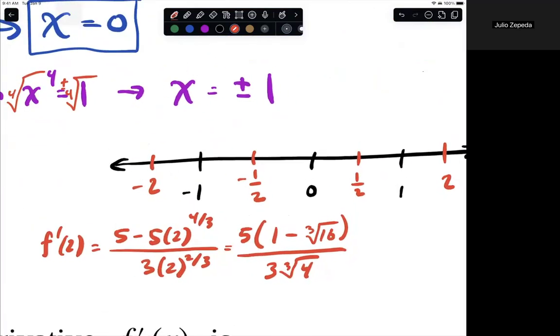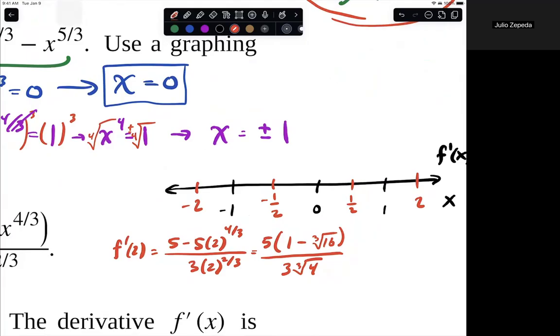We can see it looks like this is going to be a negative number because 1 minus the 3rd root of 16, we know that the 3rd root of 8 is 2, and so this is larger than that. So this is 1 minus a bigger number. So this should be negative. Let me punch it into the calculator to see exactly what it is. 5 minus 5.